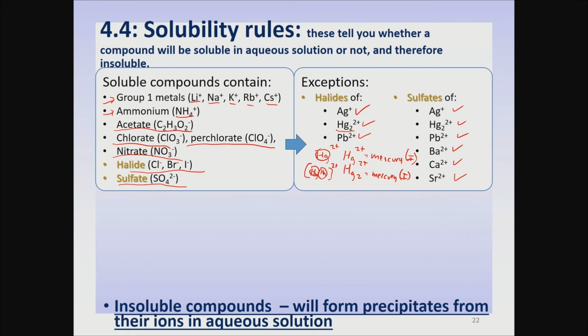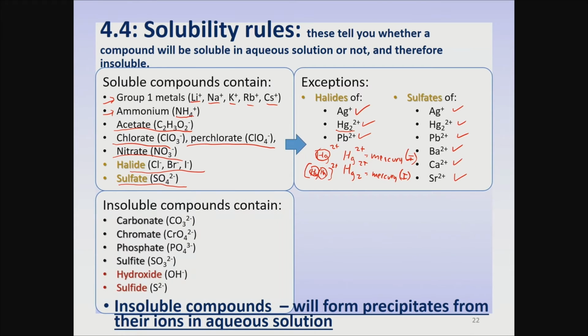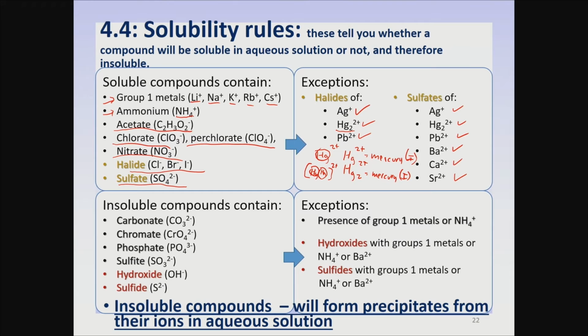Okay, so now we have some compounds that generally are insoluble, and I need to talk about those. Here, carbonates, their formula is CO3 2-. Compounds containing carbonates are insoluble unless they have either a group 1 metal counterion or an ammonium counterion.